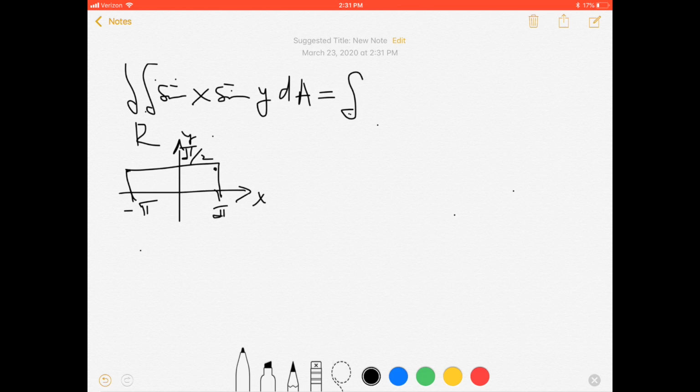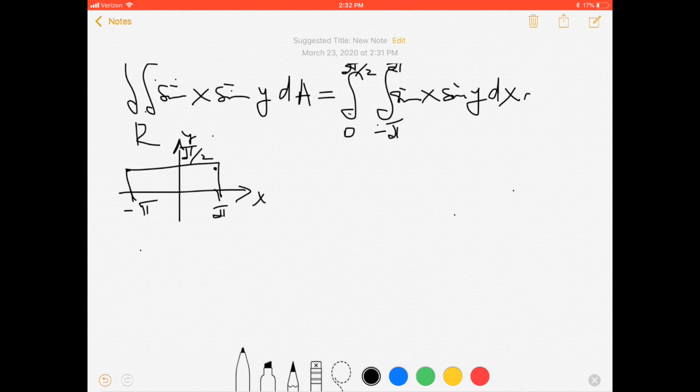Okay, I write it like this: y changes from 0 to pi over 2, x changes from negative pi to pi. Here I rewrite the function as before, sine x sine y. Because x changes from negative pi to pi, the inside integral shows how x changes.